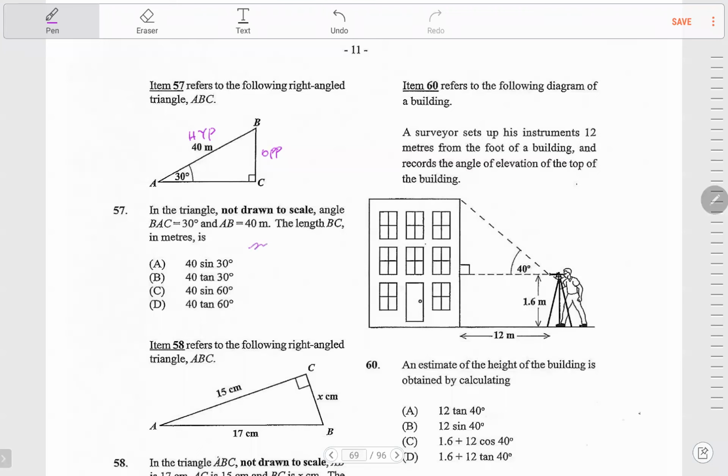So sine of 30 degrees equals the opposite side we're trying to find over the hypotenuse of 40. So let's multiply the 40 up here to get the opposite side, BC. The opposite side BC is equal to 40 times the sine of 30 degrees.